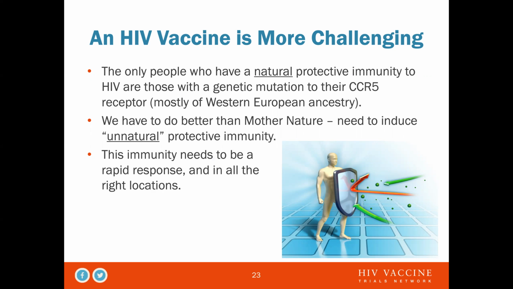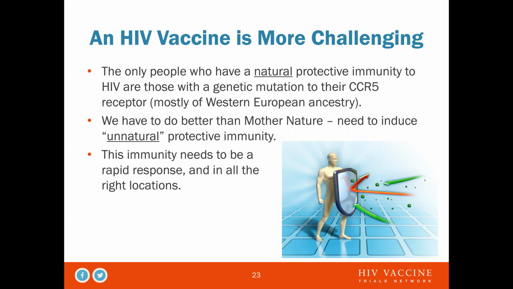The one group of people who do have natural protective immunity are those who have a genetic mutation to the delta 32 region of the CCR5 receptor on their cells. You'll recall from the immunology presentation that those receptors are where HIV is able to bind onto the cell to cause an infection.